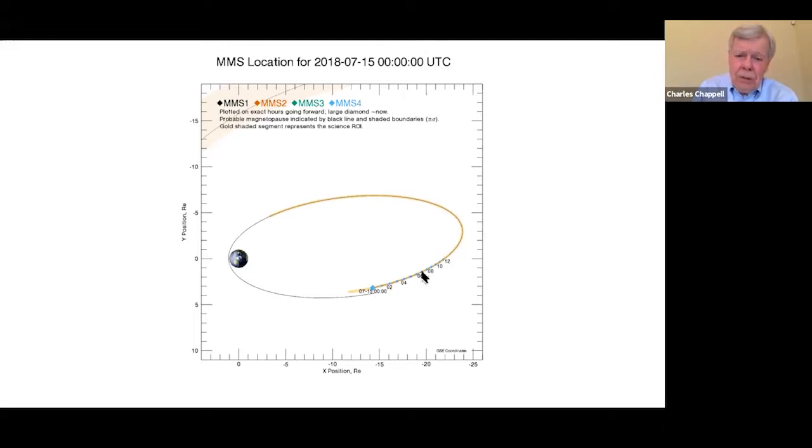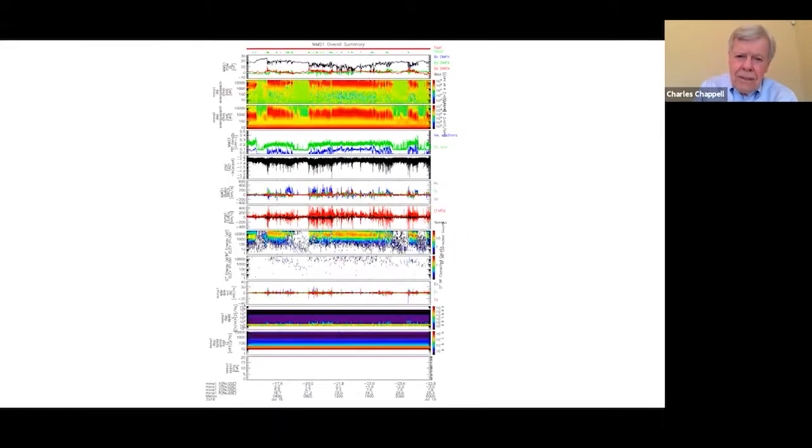So very quickly, here's an MMS orbit. This is the XY plane. It's around the midnight sector. And here's the orbit, it's 24 hours. And these are places where the plasma sheet thins and the spacecraft is in the lobe, and then it thickens back up, it's in the plasma sheet again, and then in the lobe.